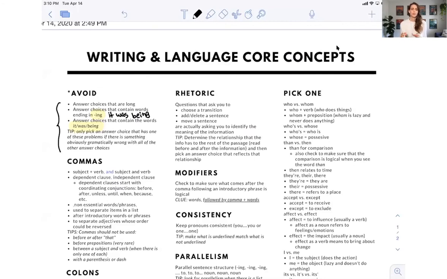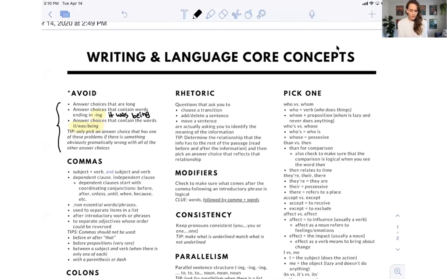If my mind is already thinking in those terms, I'm going to be much more likely to really excel at this section than if I'm only thinking of what the issue could be when I look at the answer choices. The answer choices should be the last step in your whole process.